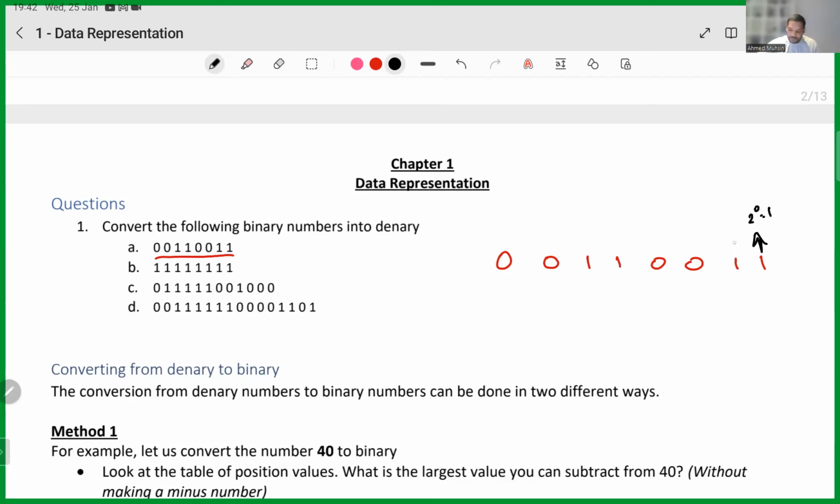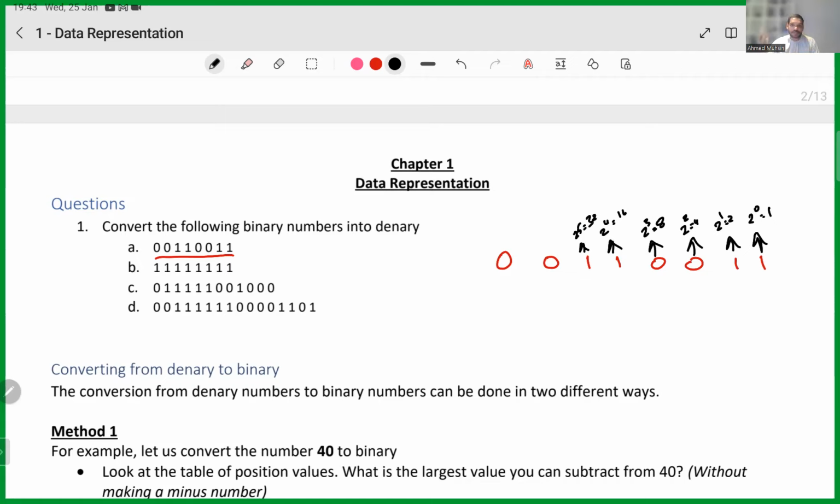Then here we have 2 to the power of 1, which is equal to 2. Then 2 to the power of 2, which is equal to 4. Then 2 to the power of 3, which is equal to 8. Then 2 to the power of 4, which is equal to 16. Then 2 to the power of 5, which is equal to 32.